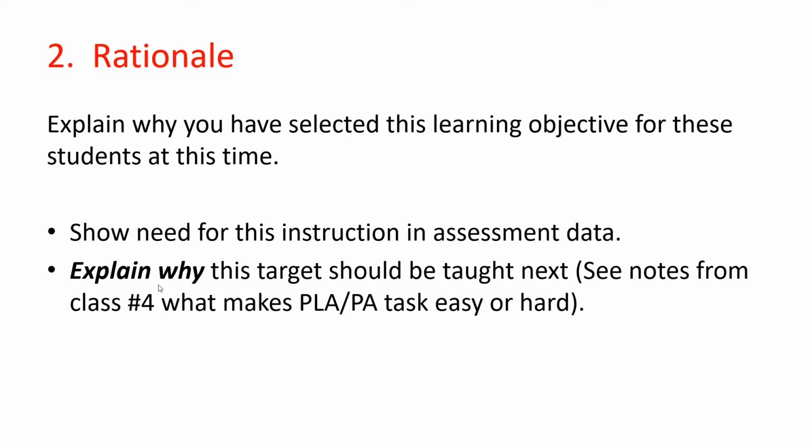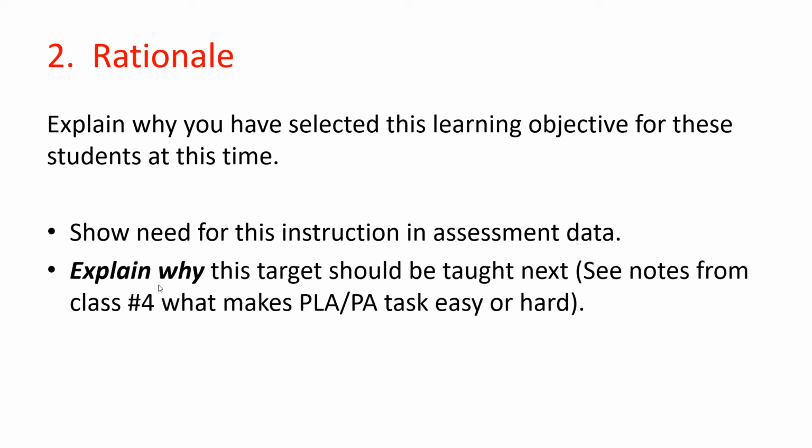So in our class number 4, we talked about what makes a phonological task easy or harder. The thing that I just mentioned in my quick rationale for Ruby is that she was able to show that she could master recognizing rhyme, and we know that recognition tasks are easier than production tasks. On the PASS, we are able to measure kids' ability to recognize and also produce rhyme.